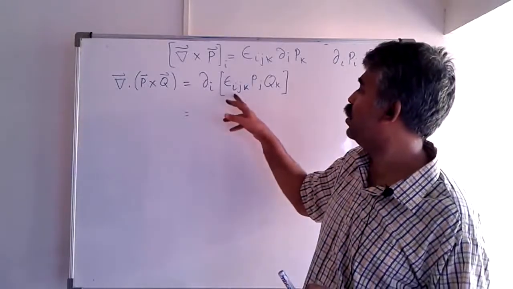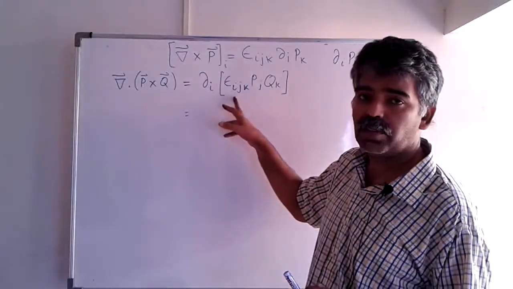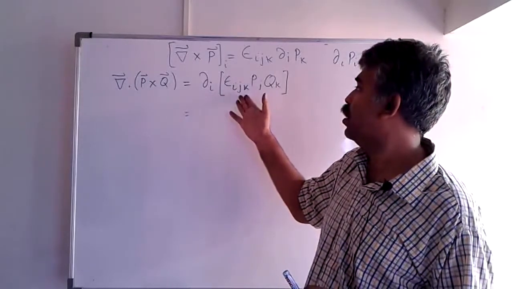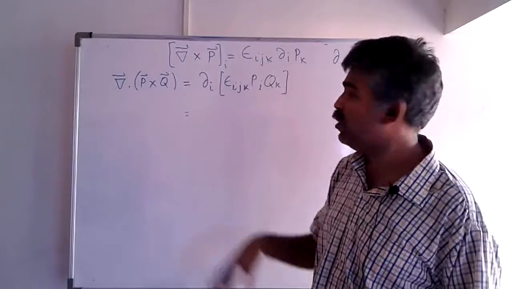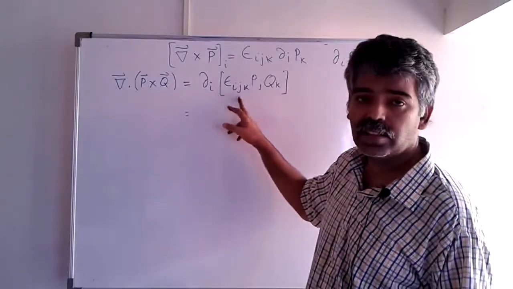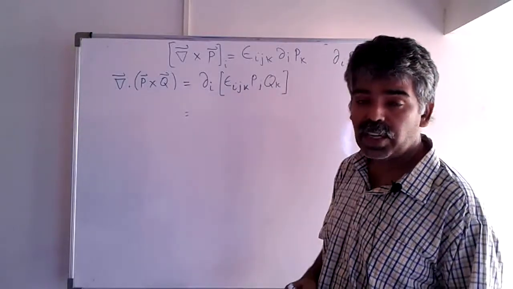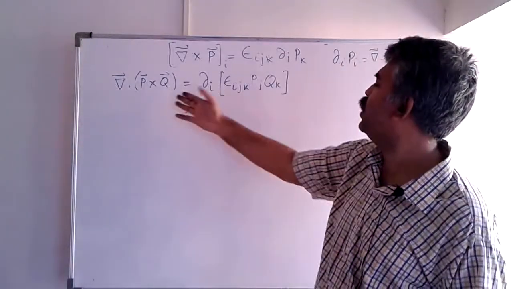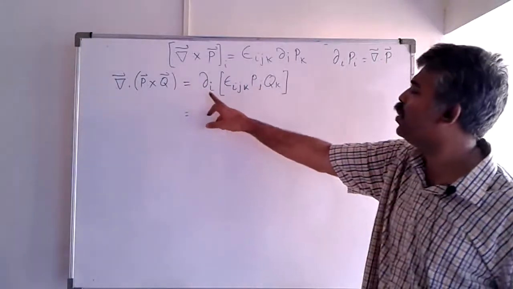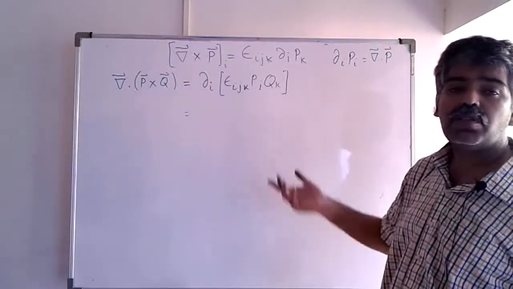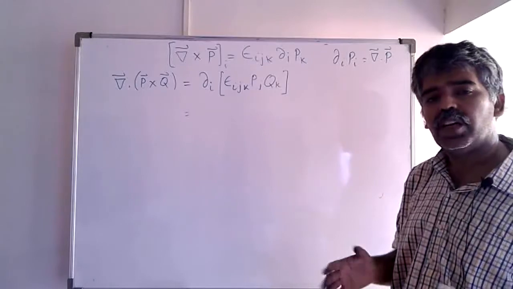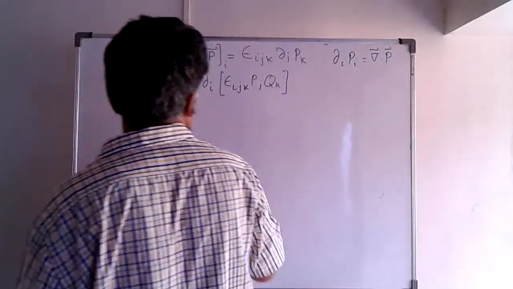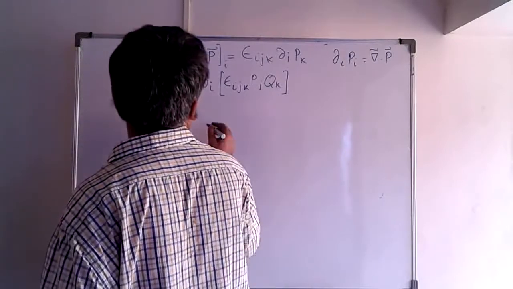Technically, we are doing it in three-dimensional space now, so the number of components should be 27, right? 3 cross 3 cross 3. Three indices are there, so this is a rank 3 completely antisymmetric tensor, covariant. And we are contracting in covariant structure because we are working in ordinary three-dimensional space, so covariant and contravariant are the same.